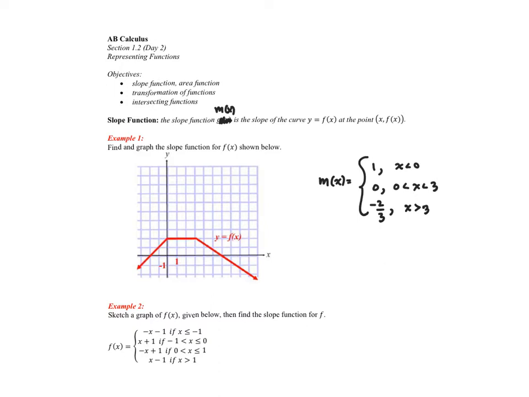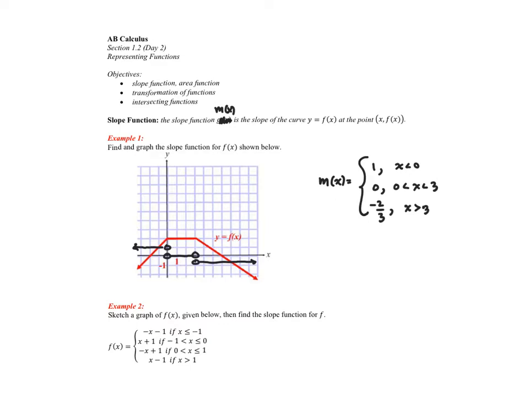Let's sketch this graph. So m of x's graph would be 1 up to x equals 0. Then it transitions to a slope of 0 up until x equals 3. And then it transitions to negative 2/3 for the remainder of its graph. So that step-looking function would be m of x.